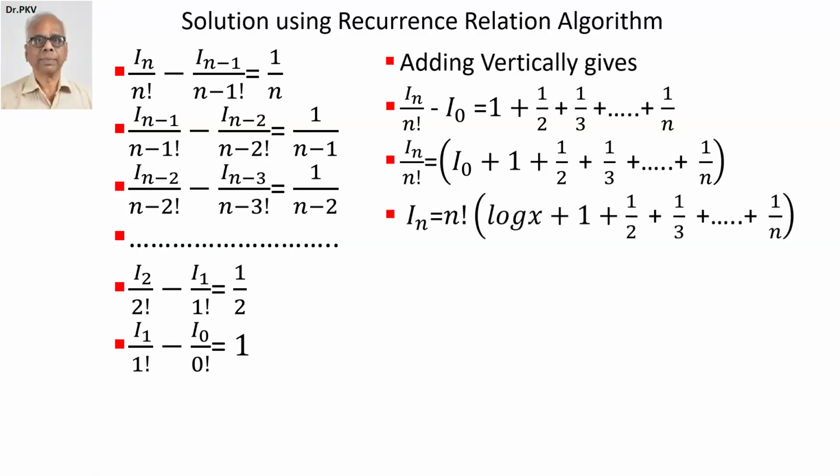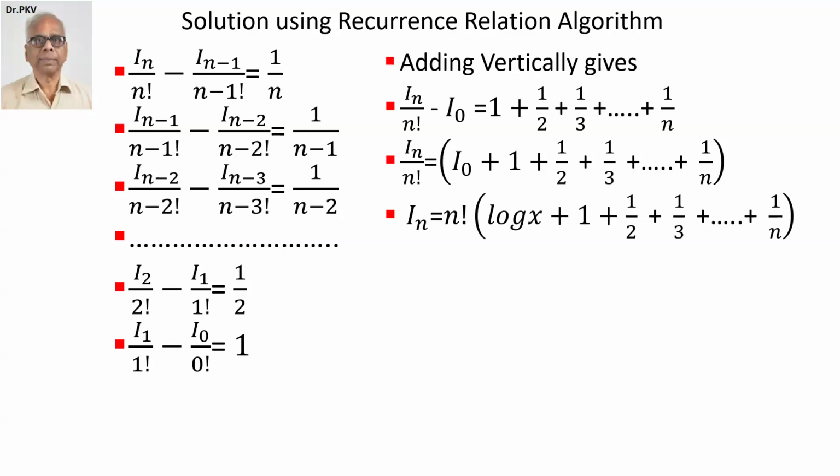Now, what is I_n? If I take n factorial to the other side, I_n is therefore equal to n factorial into log x plus 1 plus half plus 1/3, etcetera, plus 1 upon n.